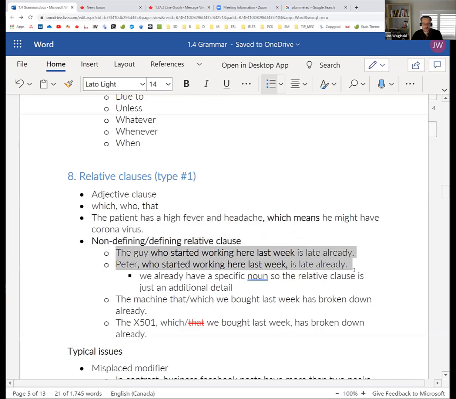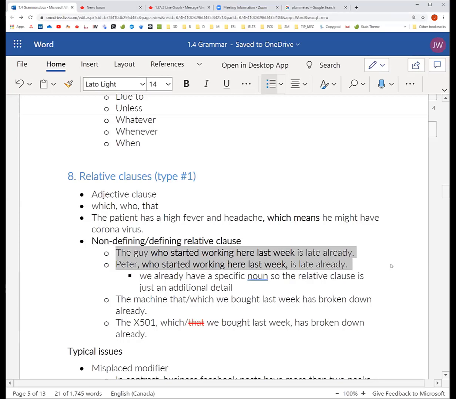Why does one of them not have commas? The guy who started working here last week is late already. Peter, who started working here last week, is late already.